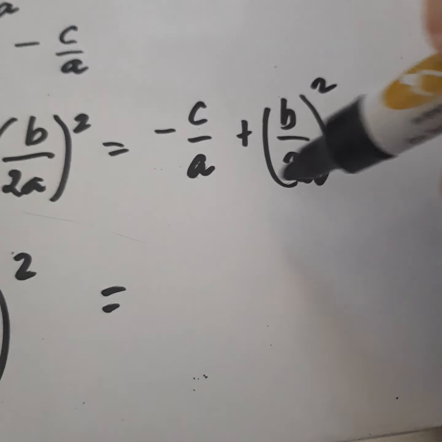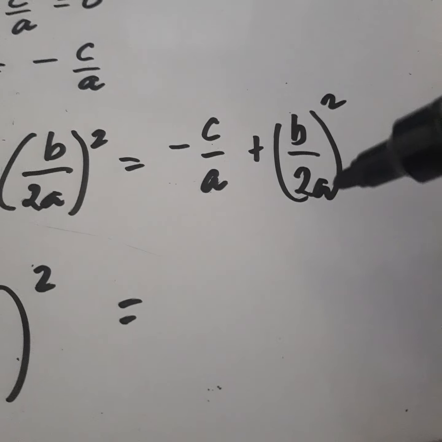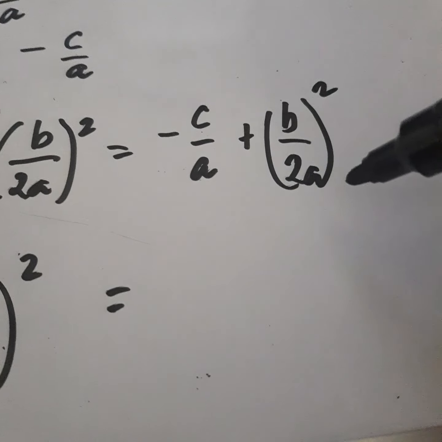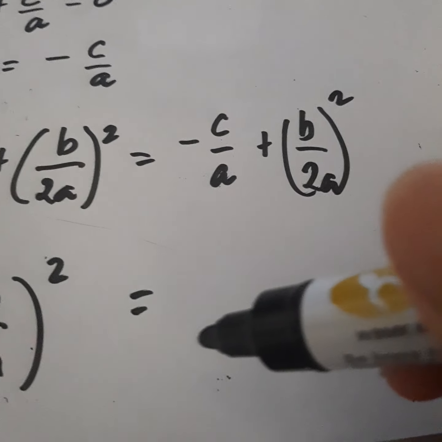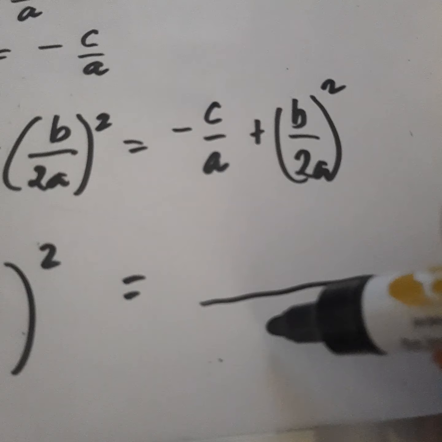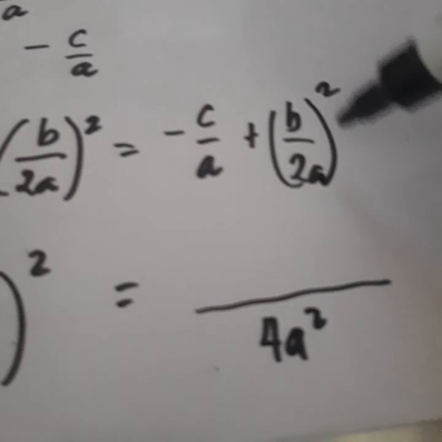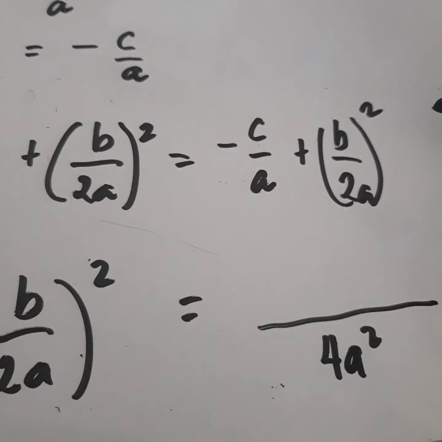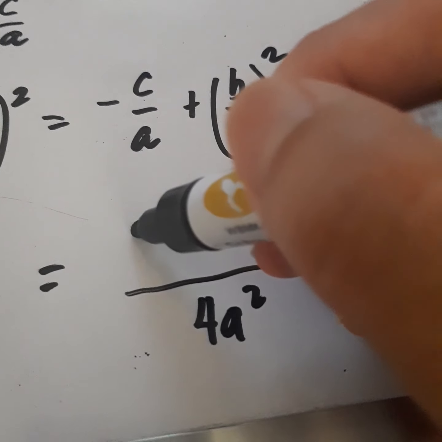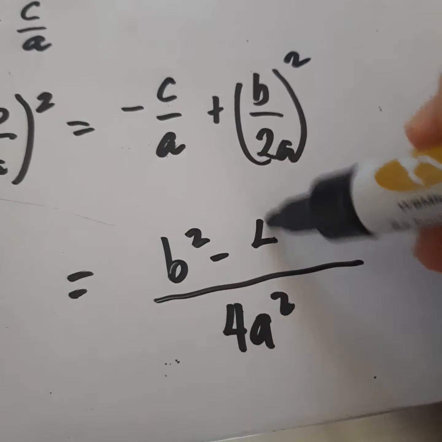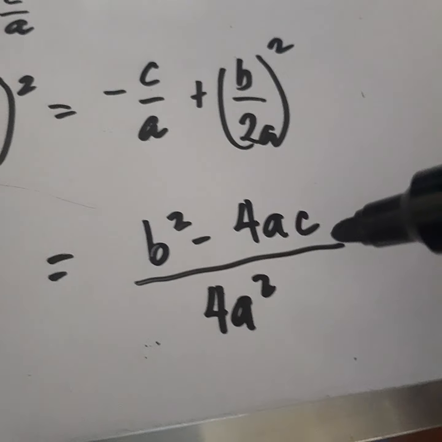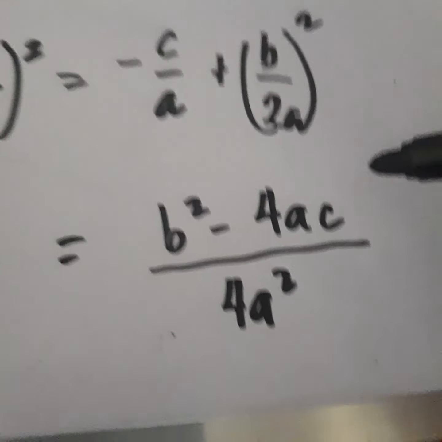So we have a and we have 4a. Pag nag-simplify na tayo, so we have a and 4a squared. So meaning the LCD is 4a squared. So if you're going to continue solving the right side of the equation, ang makukuha natin dito na sum is b squared minus 4ac all over 4a squared.